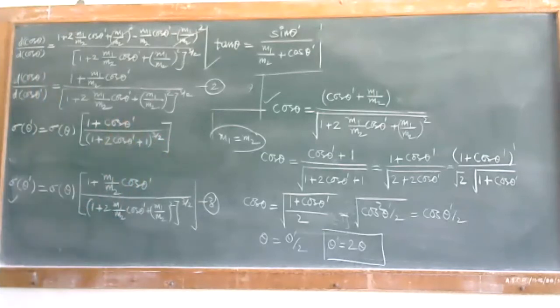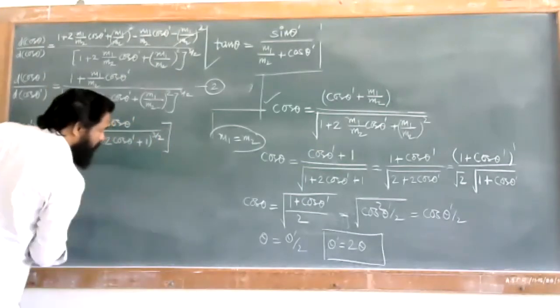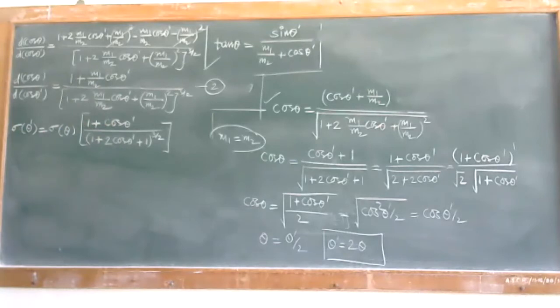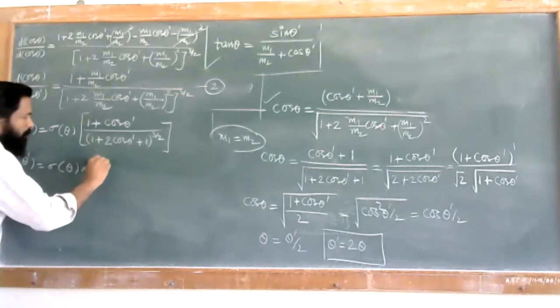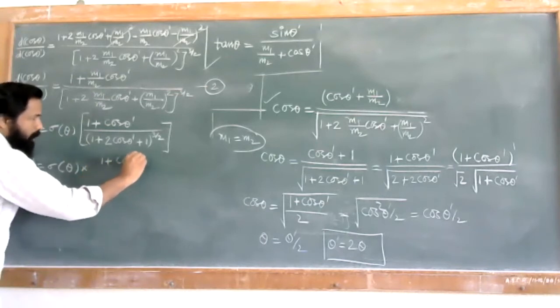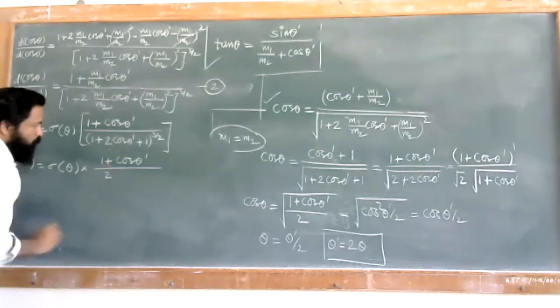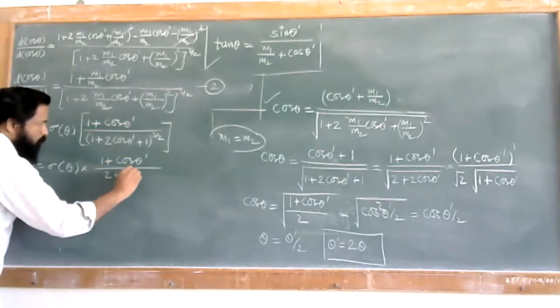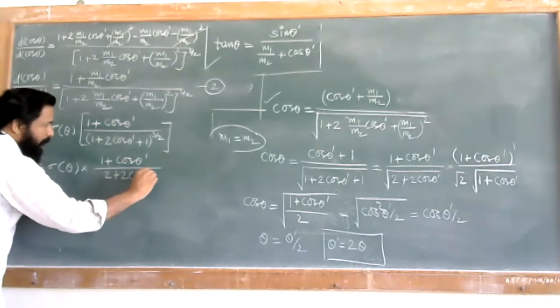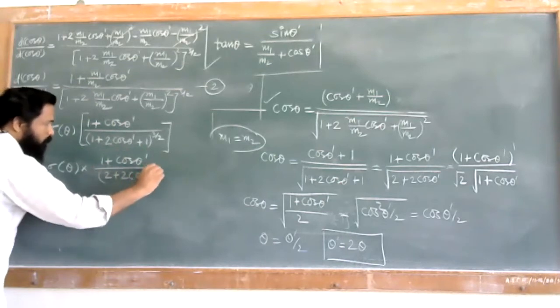So what will we obtain? We'll have the conditions, and just remove this equation number 3, just remember that. So you can write that sigma theta dash is equal to sigma theta, and that should be multiplied by 1 plus cos of theta dash divided by 1 plus 1, that is 2, plus 2 cos of theta dash, raised to 3 by 2.